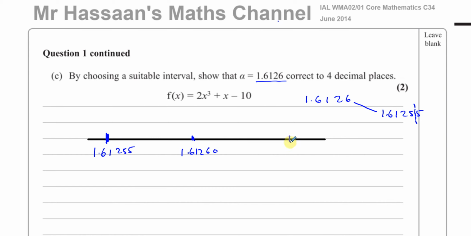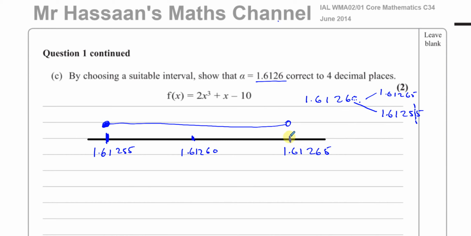And the highest it can be is everything just before 1.61265. You can think of this as 60, and you go down to 55 and up to 65. 1.61265, just before this value, is the highest it can be.